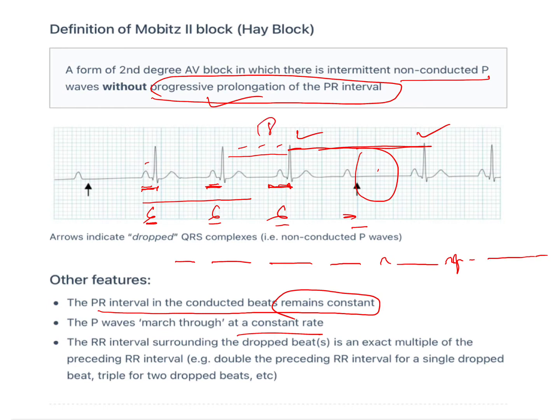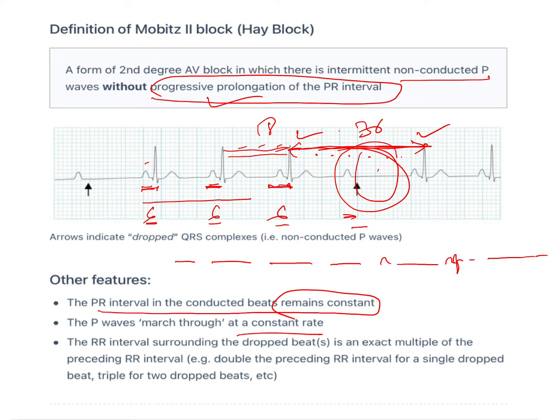And here the RR interval is 33 to 36 small boxes. So the RR interval surrounding this absent beat is almost double the preceding RR interval. This is an important observation.